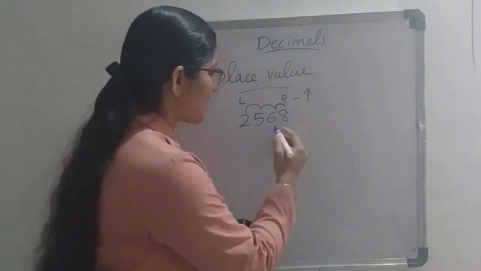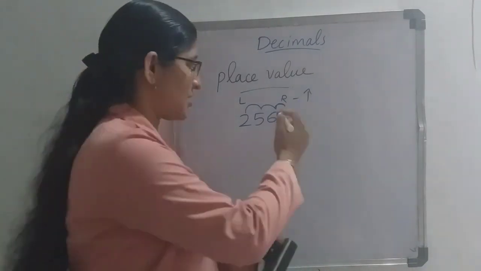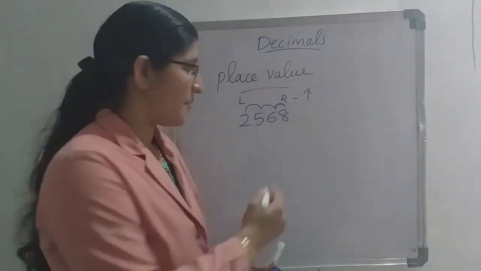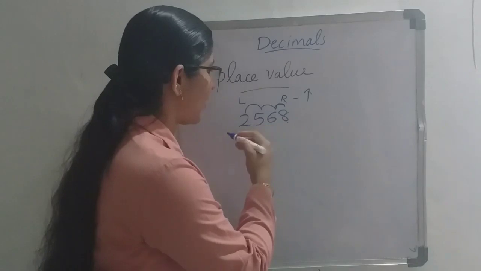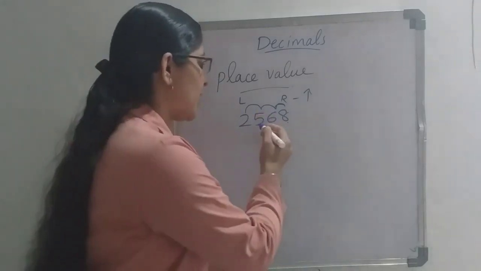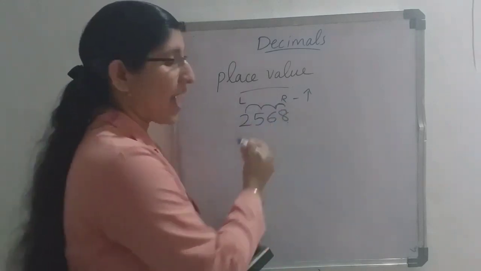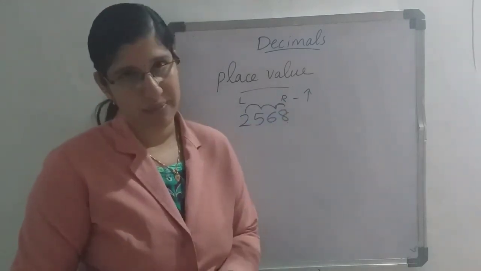This is only 8, then 60. 8 or 60, which is greater? 60 is greater, 8 is lesser. Then 60 or 500, which is greater? 500 is greater. So whenever it is going right to left, the value of that number is increasing.